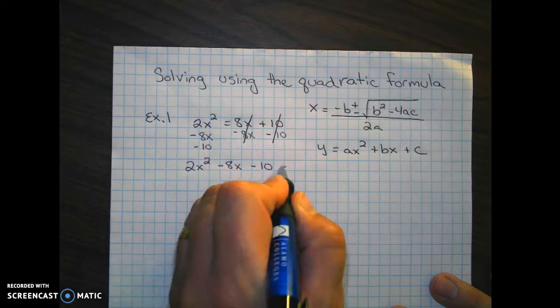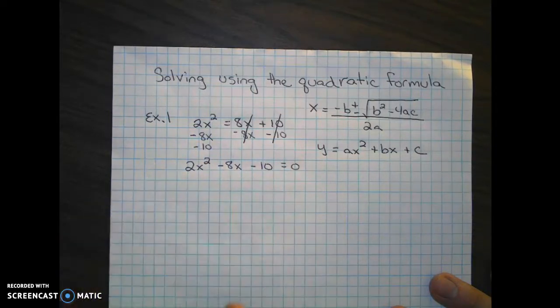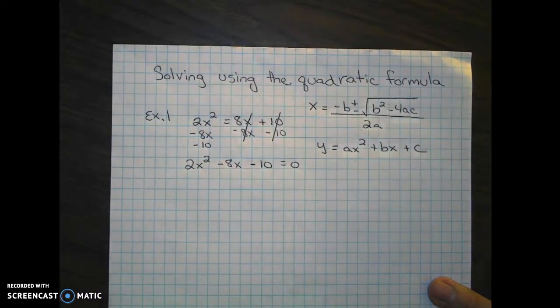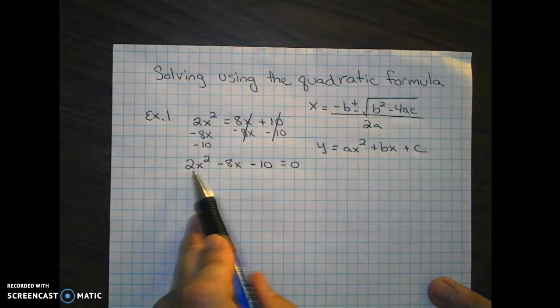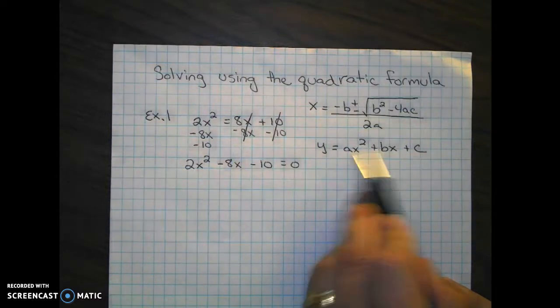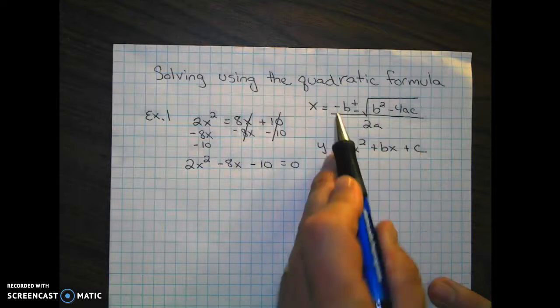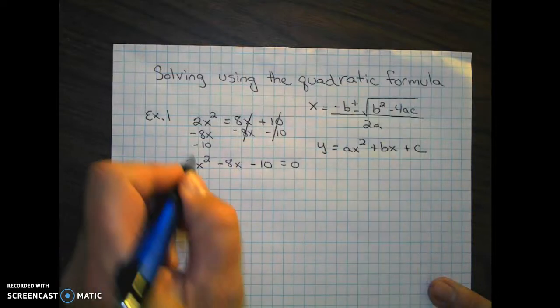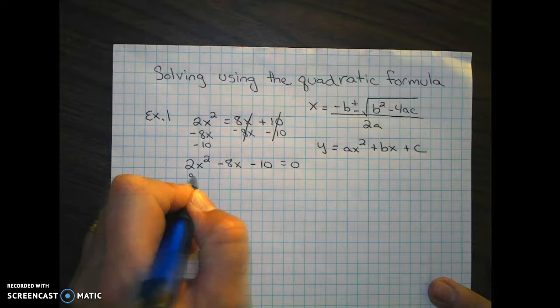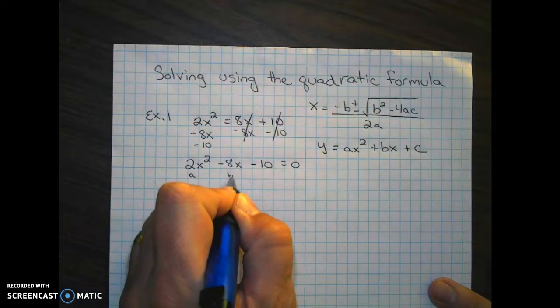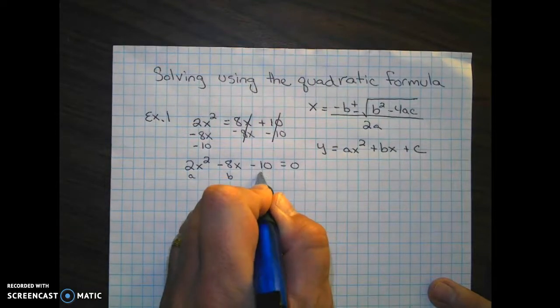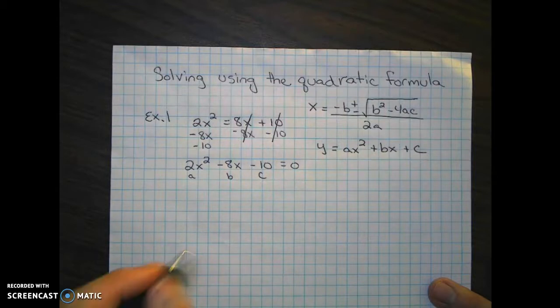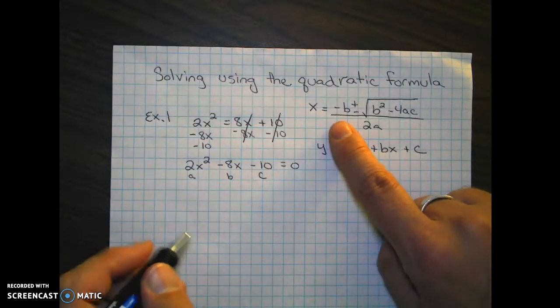And that's going to be equal to 0. Next thing we're going to do is label our A, B, and C so that we can easily put it into our formula. So we know that this is going to be A, this is going to be B, and this number is going to be C. So let's go ahead and plug them in and then solve it.